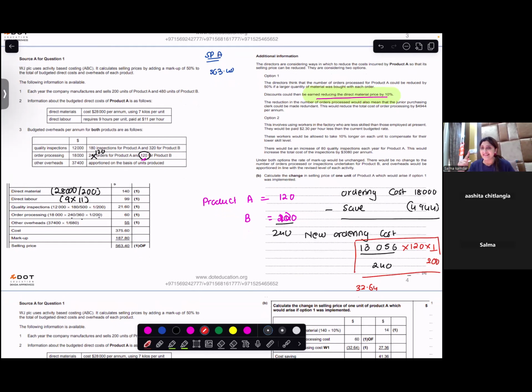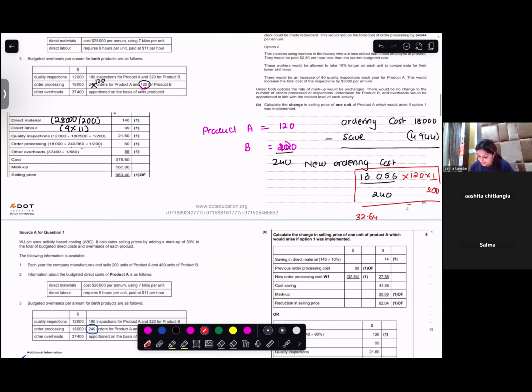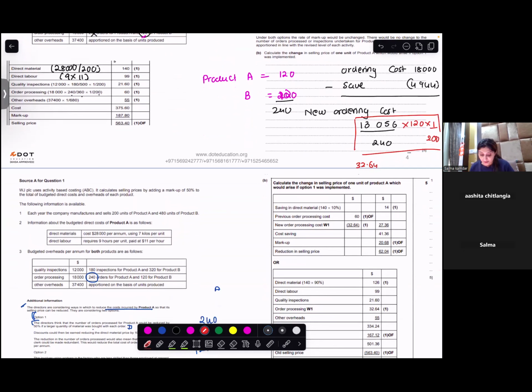The first way that they have come out with is that they will reduce the number of orders that they give for product A. Are you with me? If they reduce the number of orders for product A, they will reduce the ordering cost. So the initial ordering cost was 60.